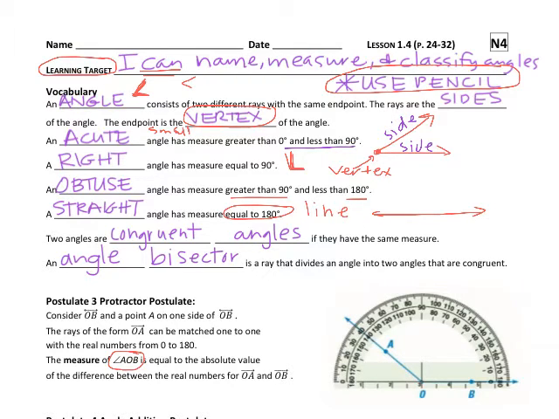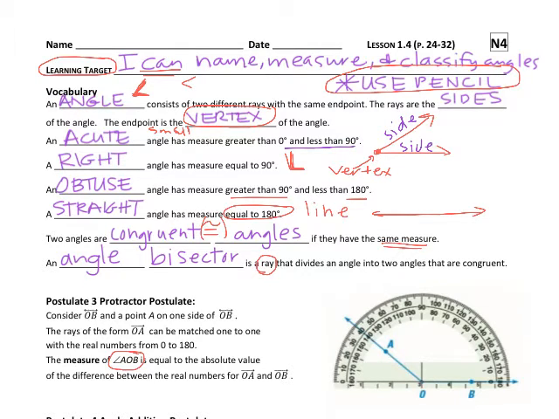Two angles are congruent angles if they have the same measure. You guys might remember that the symbol for congruent is the equal sign with a squiggly over it. So I could have just written this symbol, congruent angles. Those are the ones that have the same measure. And an angle bisector is a ray that divides an angle into two angles that are congruent.